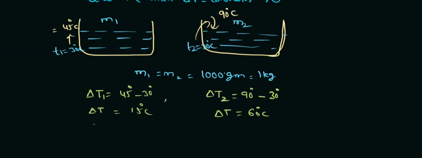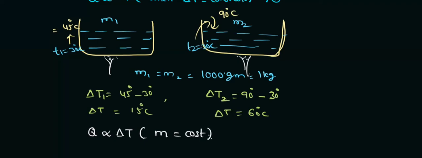From this, what can we conclude? The amount of heat Q required: here also we have to supply heat to the two beakers. Is Q needed more or less? Q is directly proportional to delta T when mass is constant.